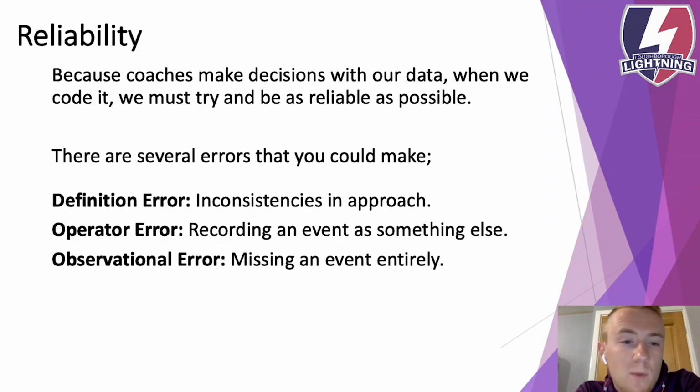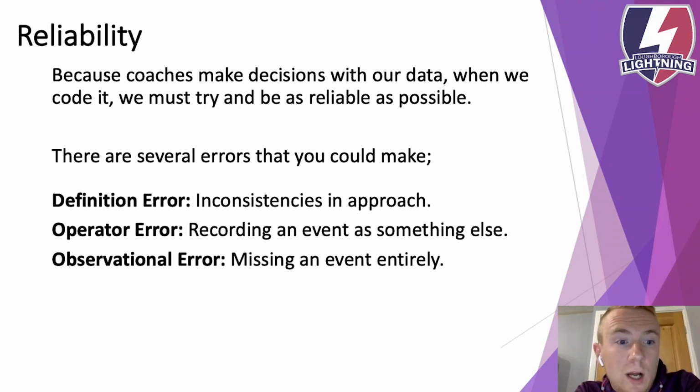So it's really important that one of the first things you do as an analyst is sit down with all the coaches, all the analysts, and go through and have a really clear definition of exactly what every single performance indicator is defined as, so we can iron out those errors straight away.